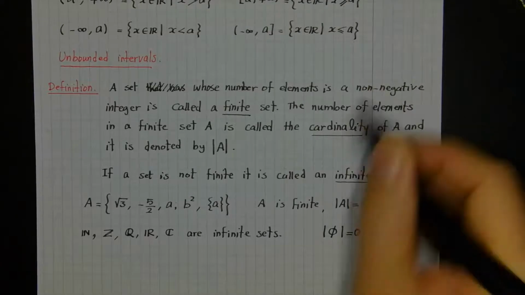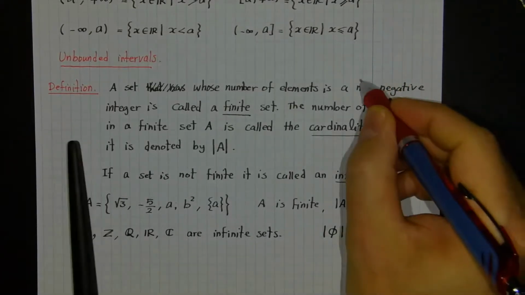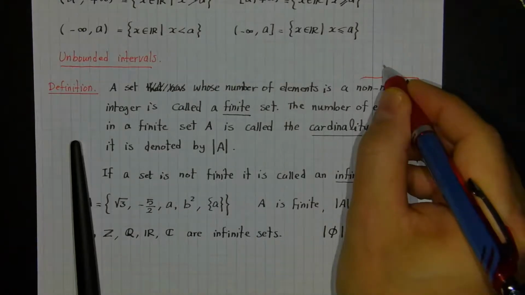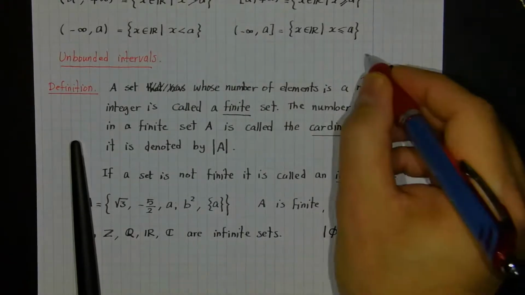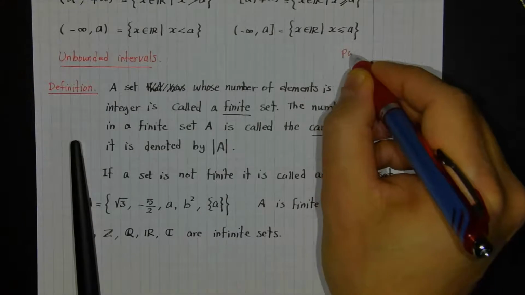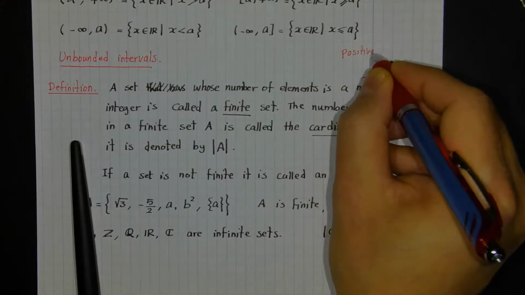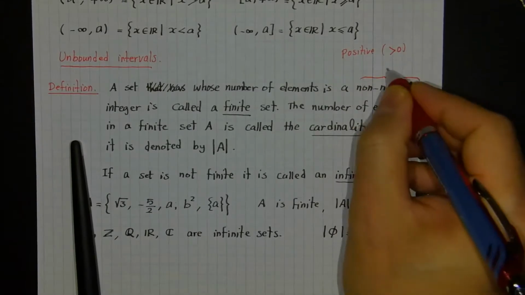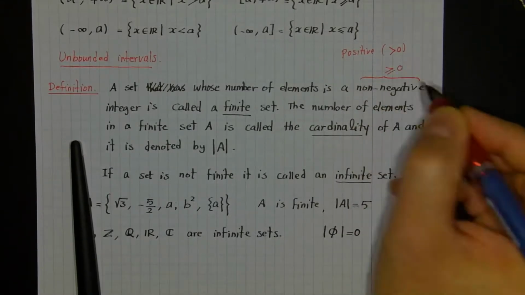Let me just mention, when I say non-negative, it is different from saying positive. When I say positive, it means strictly greater than 0. But when I say non-negative, it is greater than or equal to 0.